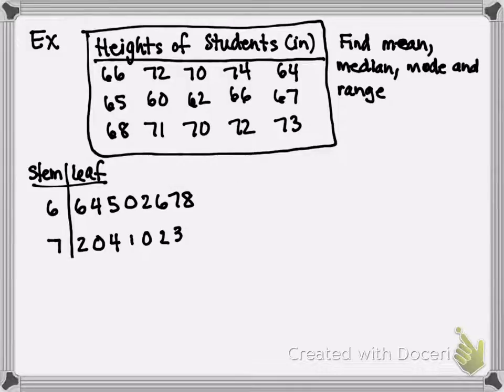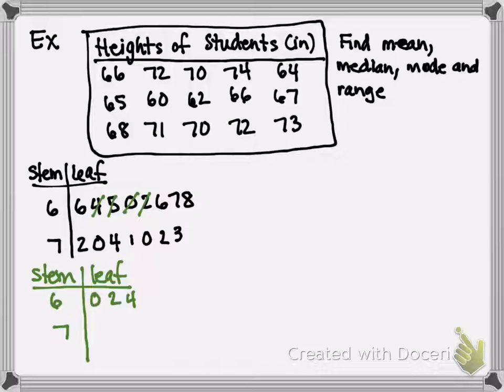Now I'm going to do it the second time. And the second time, I'm going to take those leaves for each of the stems and put them in order from least to greatest. So I still have 6 and 7 in my stem. I look through my leaves on the 6s and I see a 0, that's the smallest. Then I see a 2, then a 4, then a 5, then a 6, another 6, a 7, and an 8.